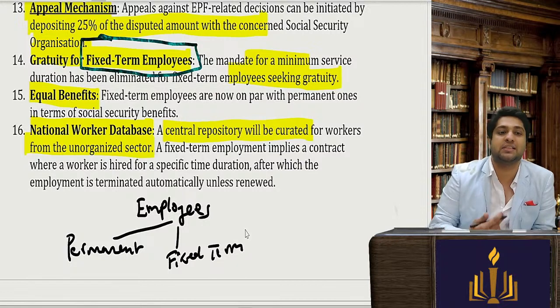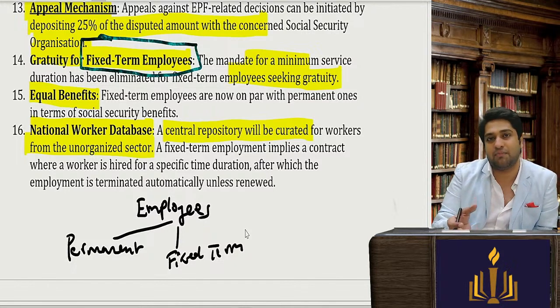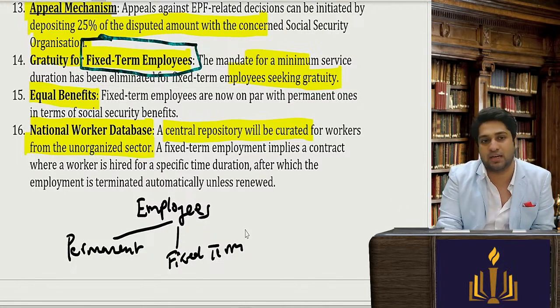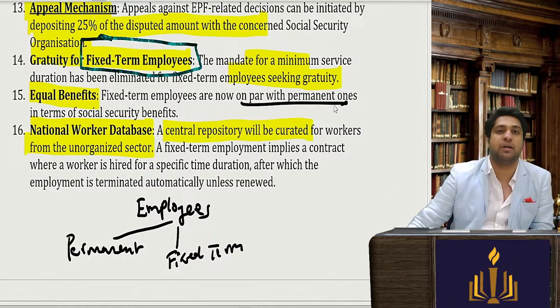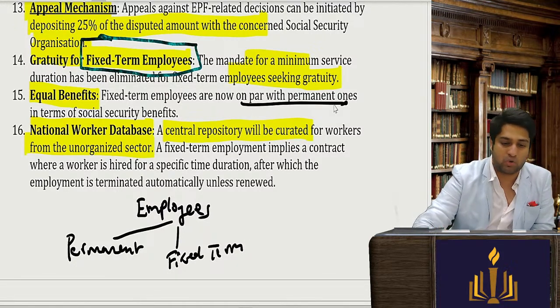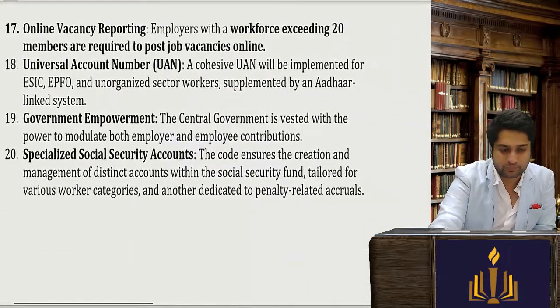But now they are saying, listen, this gratuity should be extended even for these seasonal and fixed term employees. They are employed for a fixed time, then removed, then again next year brought in. Even for them, they should be treated on par with permanent employees, which is a fair and good provision and a very labor friendly law.